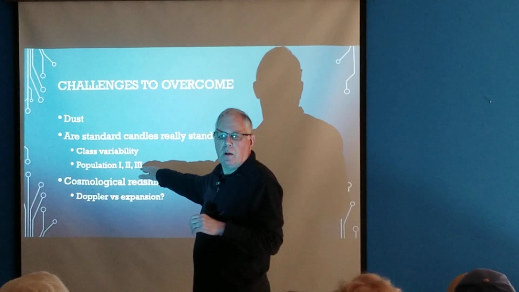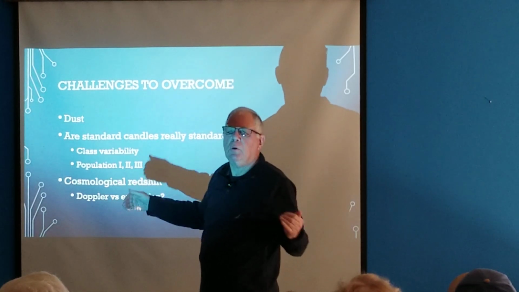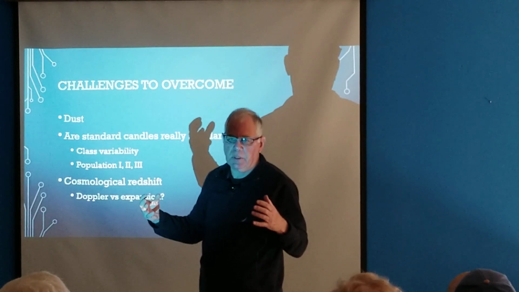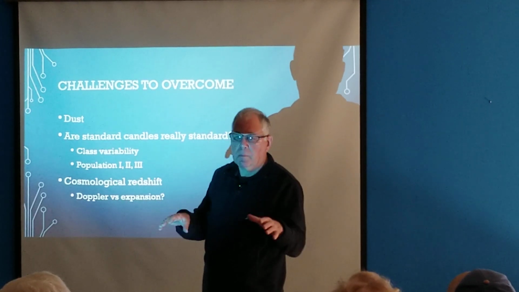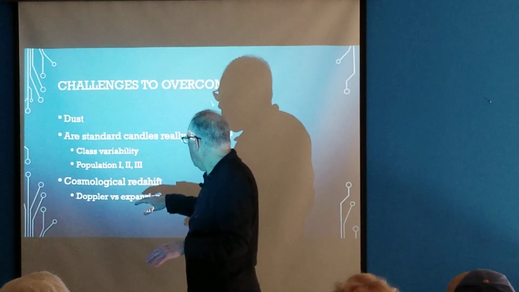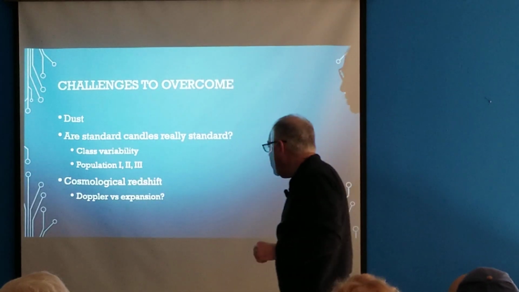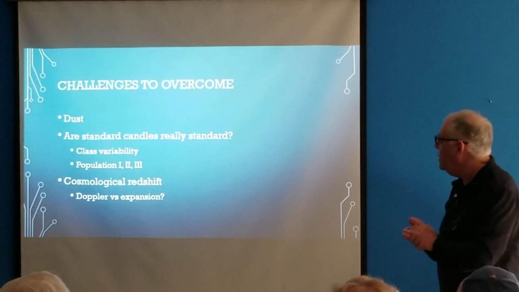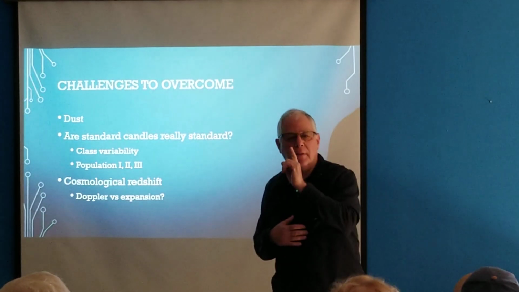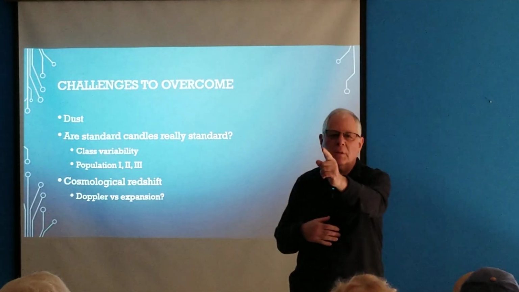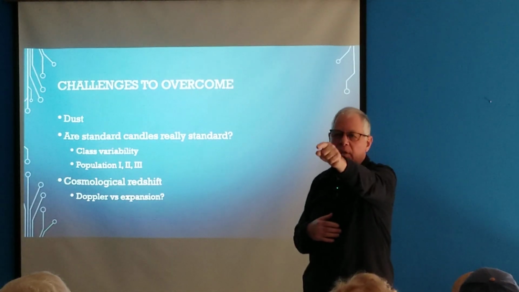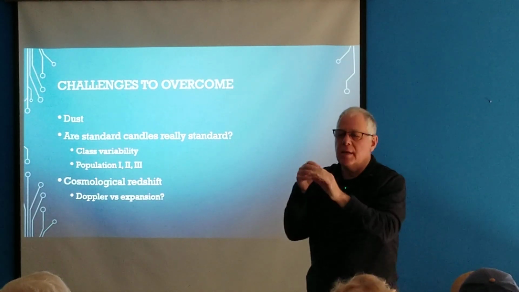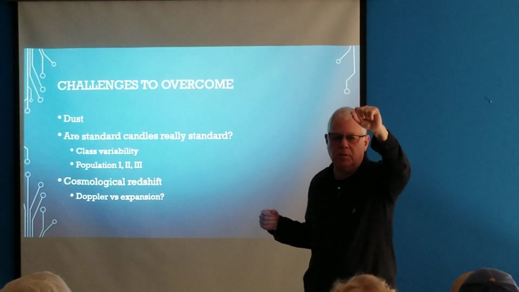You look at a star, all stars are not equal age, and so they've been created out of different levels of material with different constituent elements. And there's a cosmological redshift. When you start talking about long distances, I'm not going to discuss it, just going to identify it. That Doppler effect, how much of that is because the galaxy is physically receding, and how much of that redshift is because the universe is just expanding.